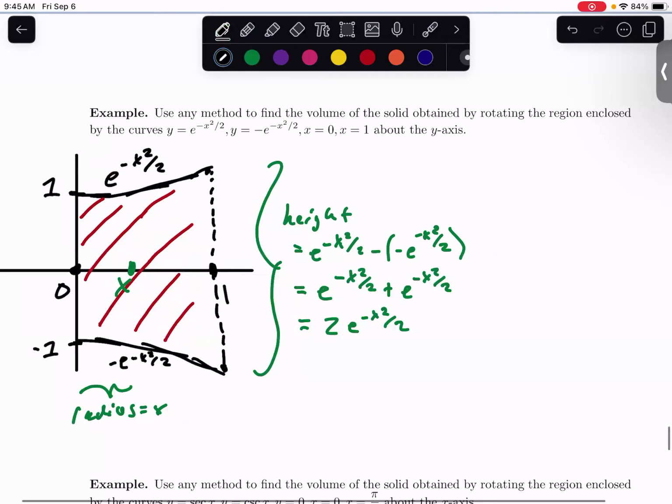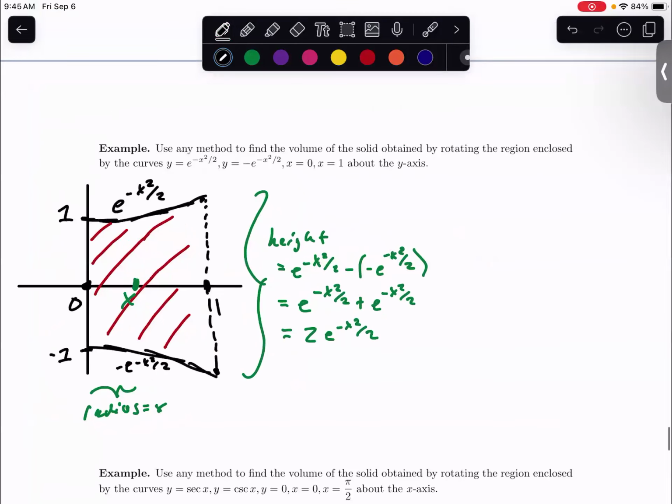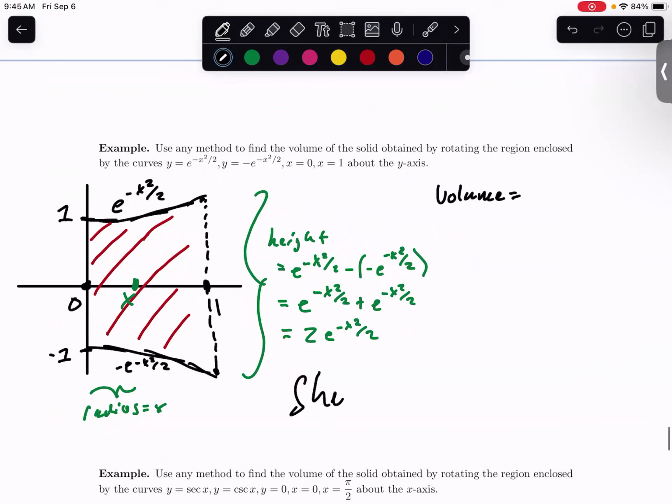And so the volume equation will look something like this. I'm going to rush a little bit. We're doing the shell method. So the volume is going to be of the form 2 pi times the integral from 0 to 1 of 2 times e to the minus x squared over 2 dx.